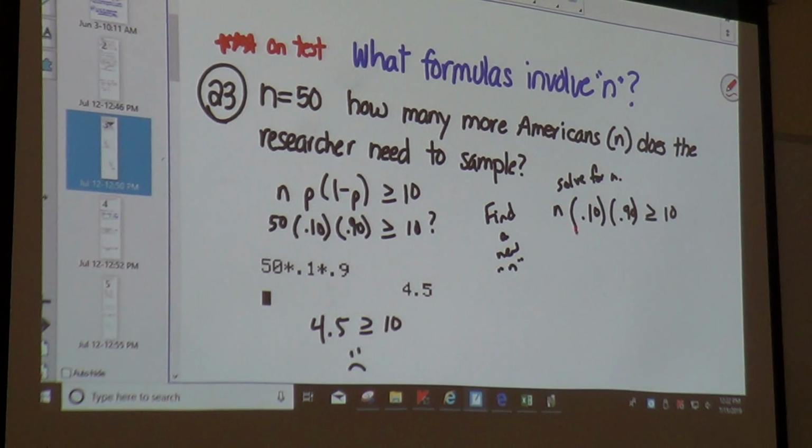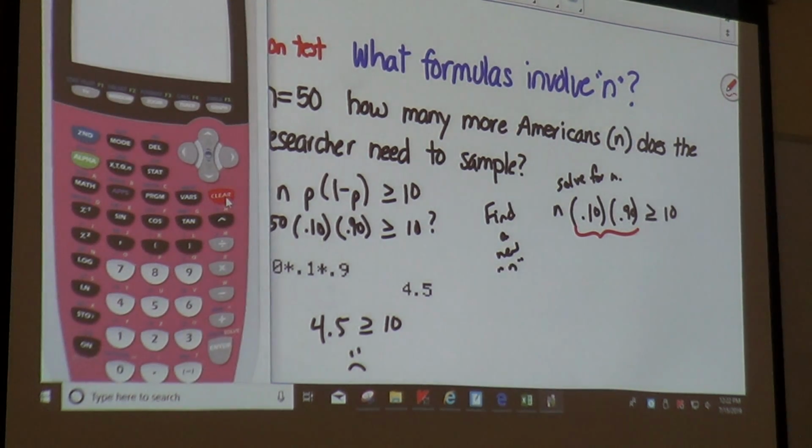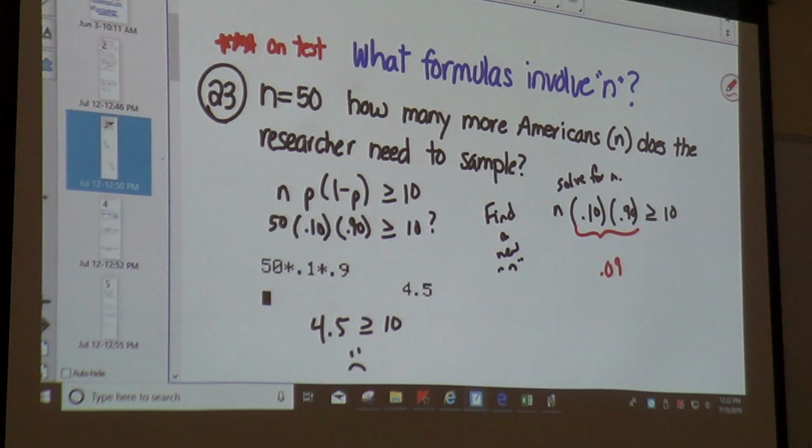I would have probably cleaned this up first and done 0.1 times 0.9, and that would have given me 0.09. Then I would have moved them all together. So 10 divided by 0.09.